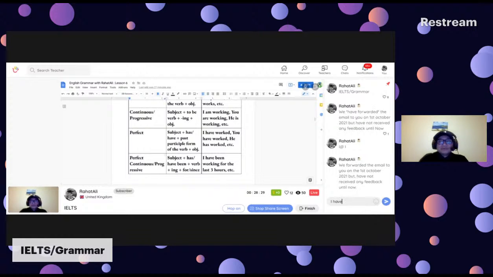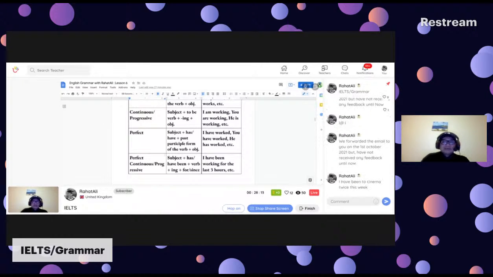It means I went to the cinema, and also possibly I have gone today, which is why it is correct. I've been to the cinema twice this week. And very often we use this expression, have you ever been to London? Because the past participle form of be is been.